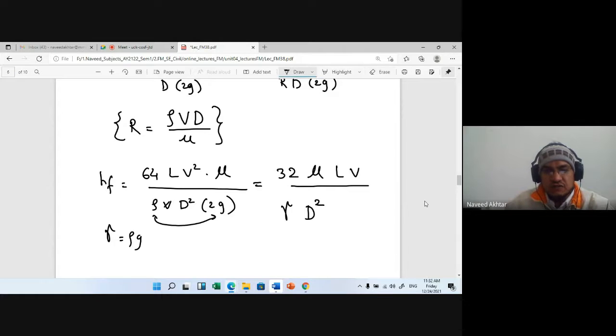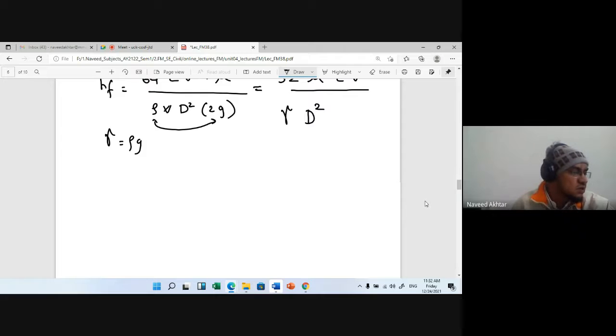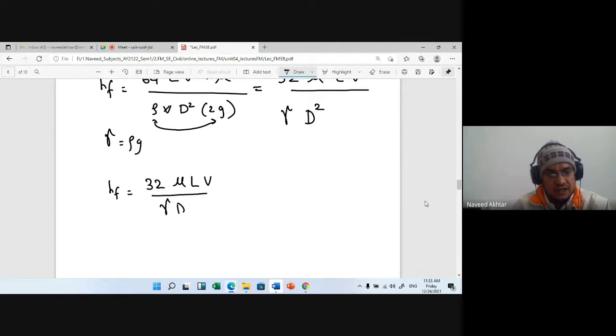So the equation for the head loss for laminar flow is nothing but 32 mu LV upon gamma d square. This is the head loss for laminar flow.